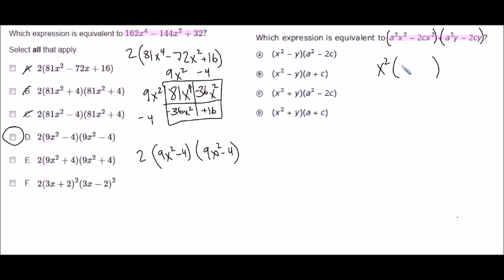That would be a squared minus 2c. And this second group is going to have y in common. A squared minus 2c if I factor out the y. This doesn't match my choices, but I can regroup this.